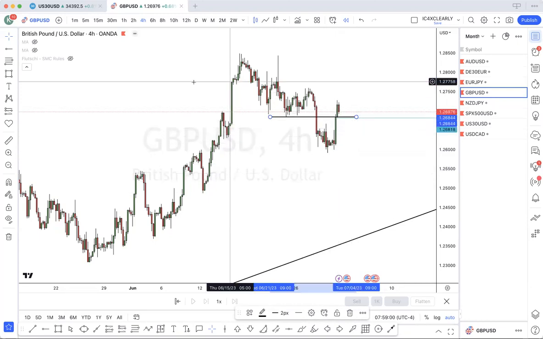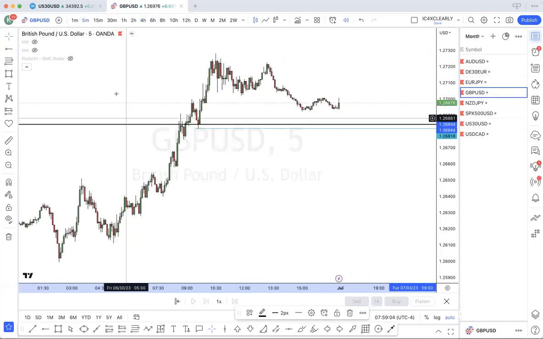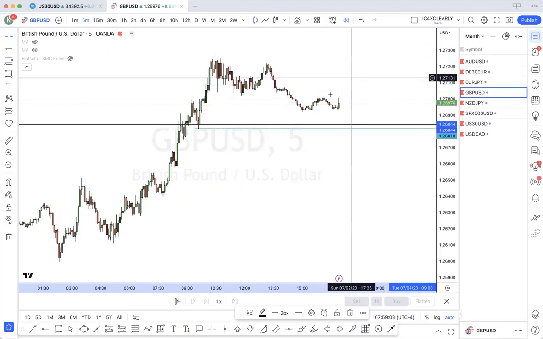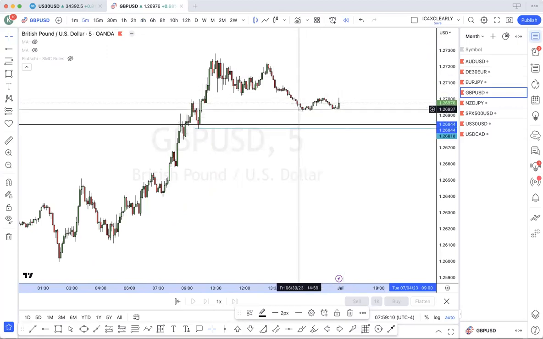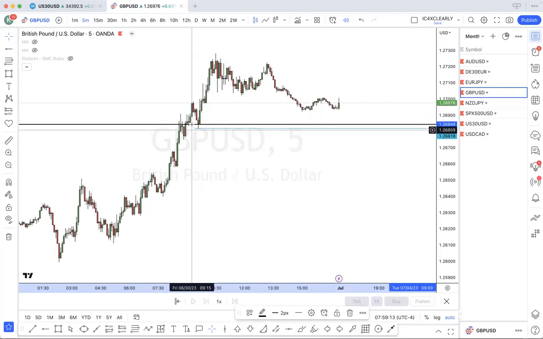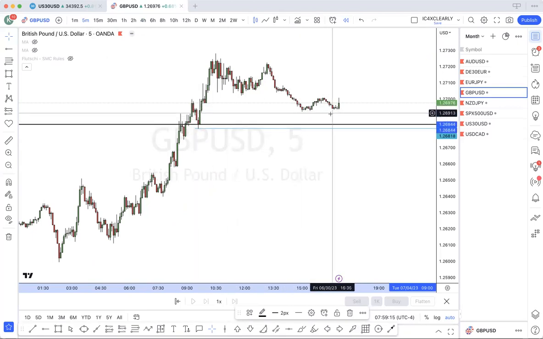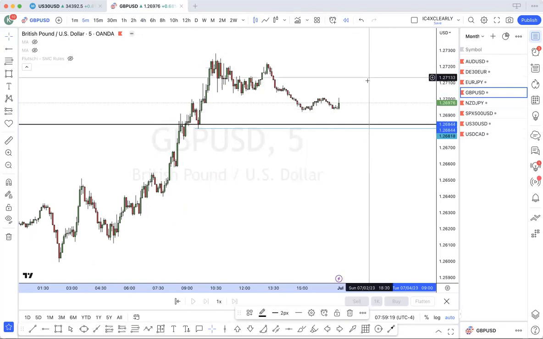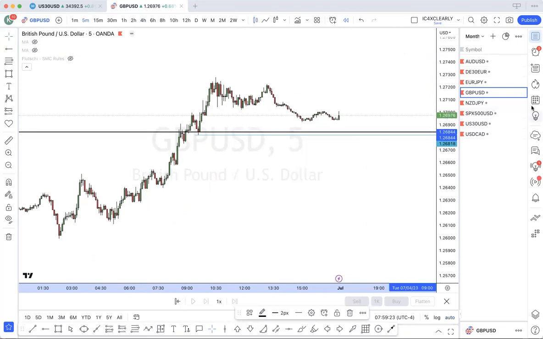And then you will look for a continuation. However, if it does not break structure, if it comes here and then starts buying back up, buy until you can't buy anymore. So once price pulls back into this order block, and if you see breaks of structure, then continue going in for the buy up. Okay.